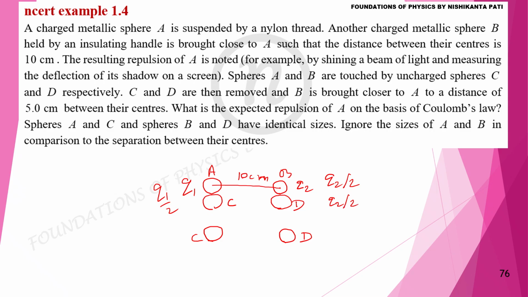The charge sharing occurs to equalize the potential of A and C and to equalize the potential of B and D. Since A radius, C radius same, A potential, C potential same, so A charge, C charge same. B radius, D radius same, B potential, D potential same, so B charge, D charge also same.